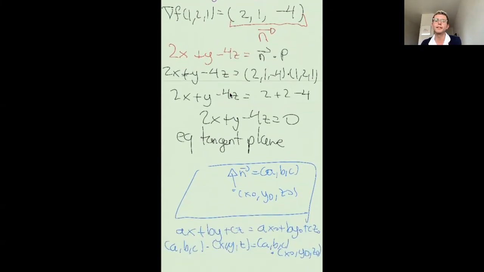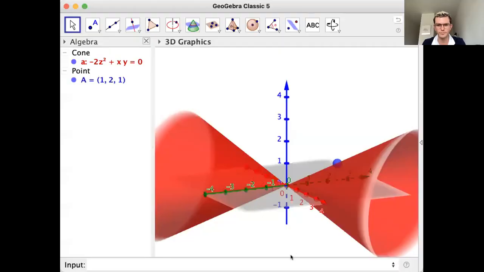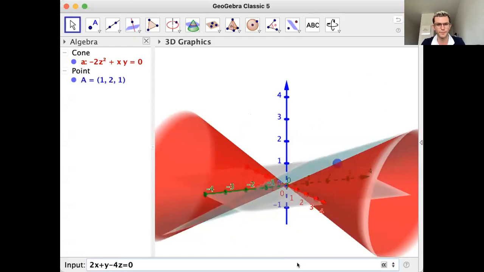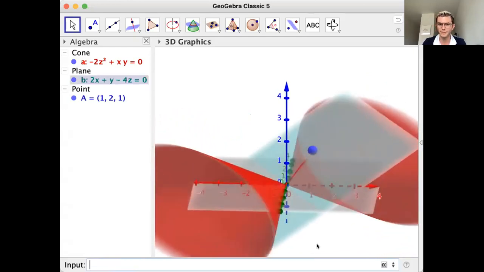And yeah, let's go to GeoGebra. Seeing is believing. So what was the equation of the plane? It was 2x plus y minus 4z, right? Equals 0. And do you see it?